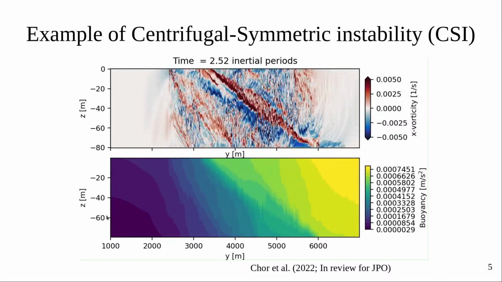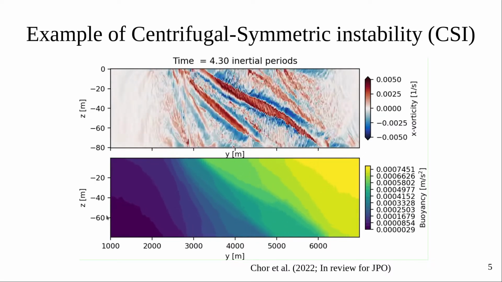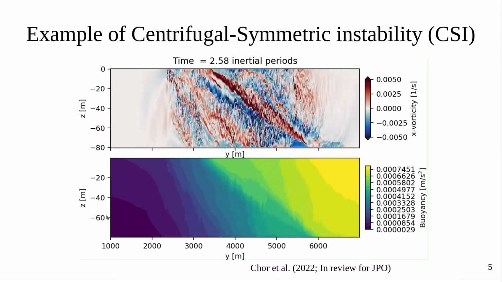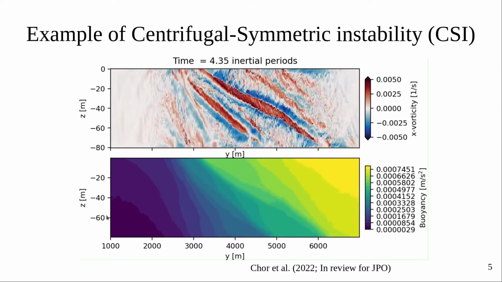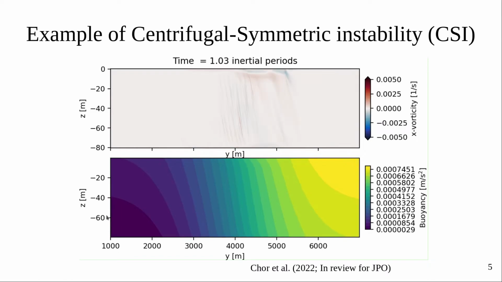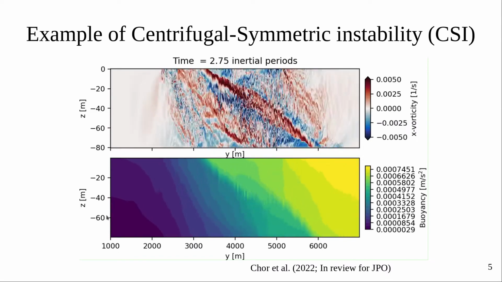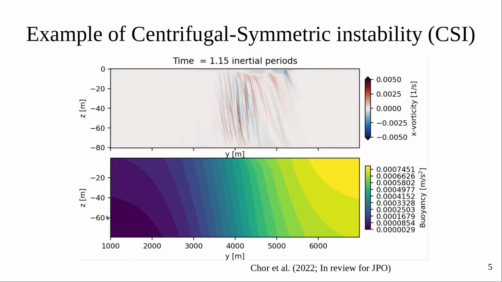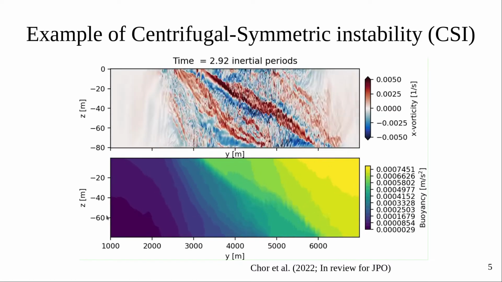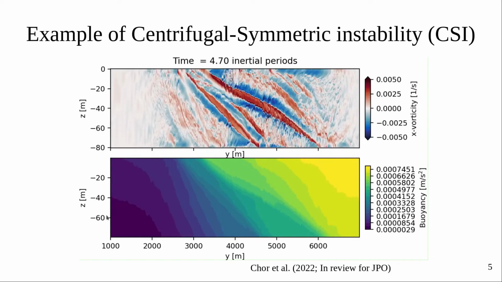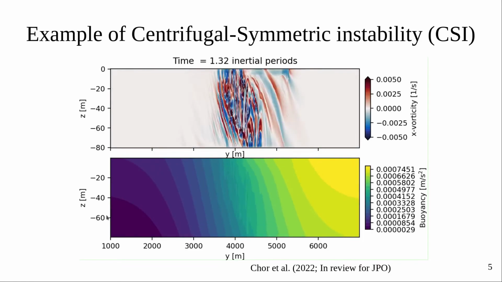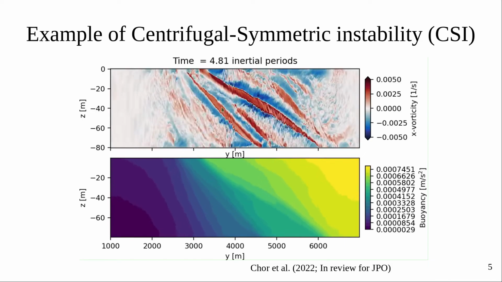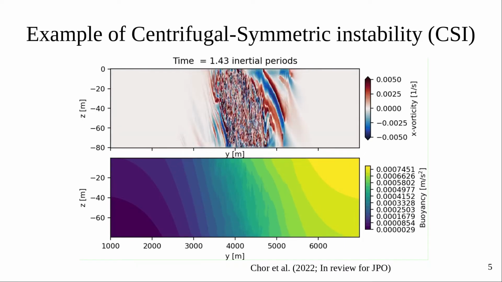One example of a submesoscale instability that we're going to focus on is the centrifugal-symmetric instability. I'm going to call it CSI here because otherwise it's a mouthful. So you're looking at vorticity in the top plot and buoyancy in the bottom one. You can see that the instability is very explosive actually, and it manifests itself as these counter-rotating cells here, these slanted cells that you can see around here.